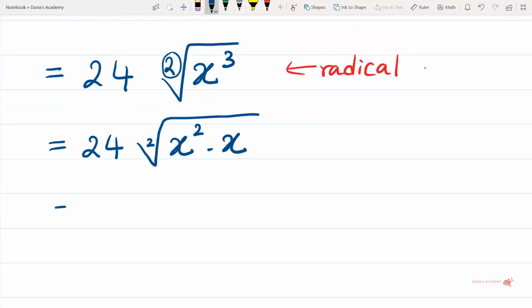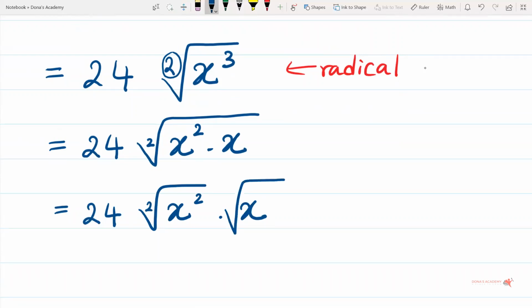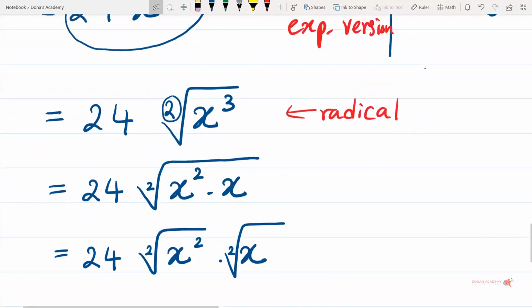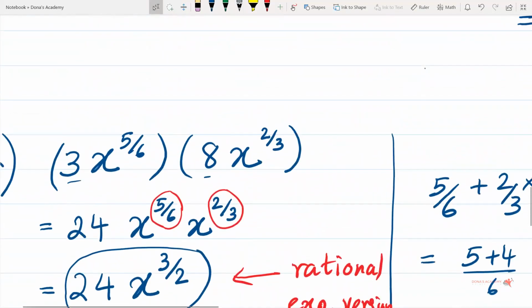Then what do you get if you use the radical rules? The 2nd root of x^2 times the 2nd root of x, right? Another thing I forgot to mention, we have to assume these x and y's are positive, okay?